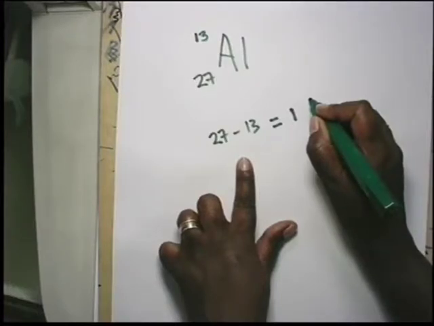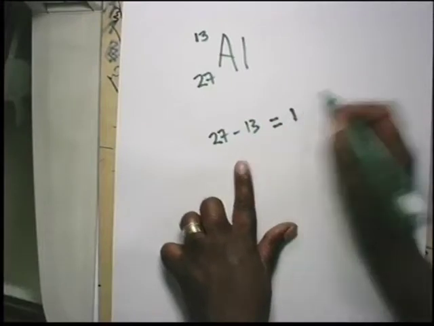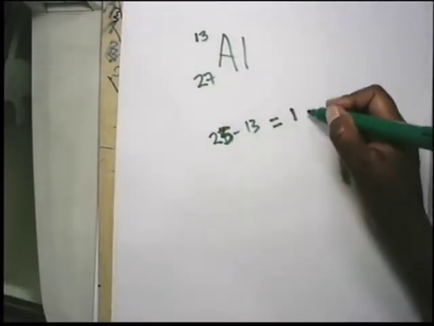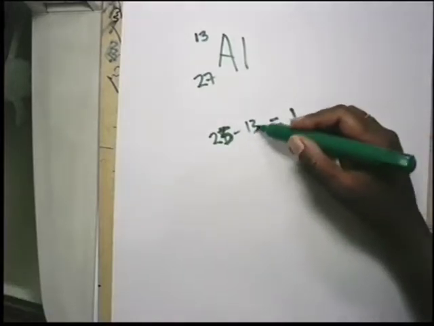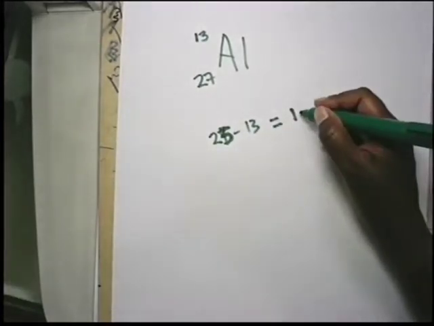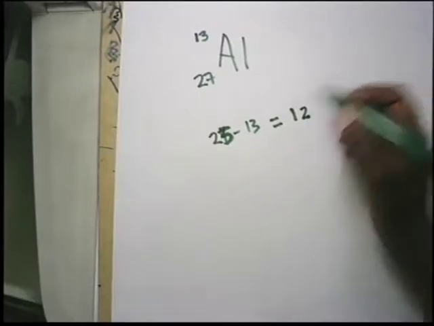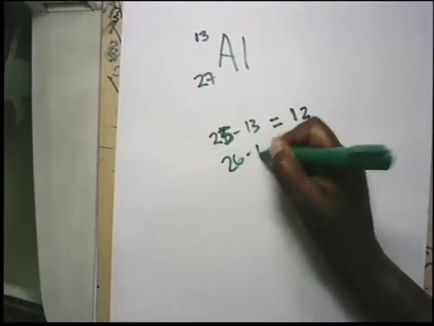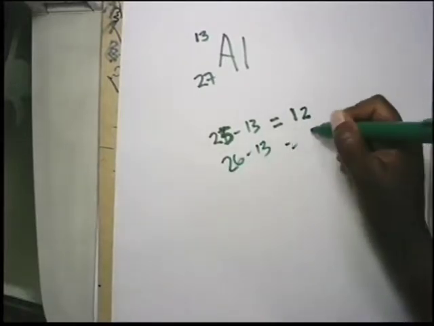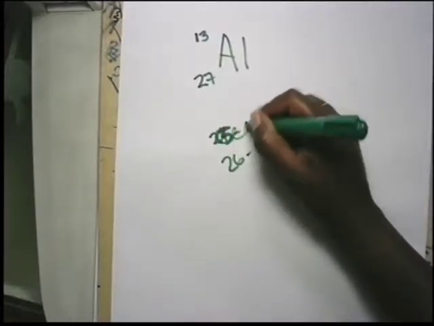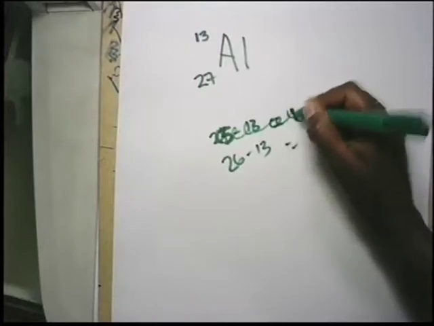I think it's 25, but you need to confirm. Okay, now 25 minus 13 is 12. It can't be. Then 26 minus 13 is 13. Okay, let's work with 26 because I don't have a clear periodic table.